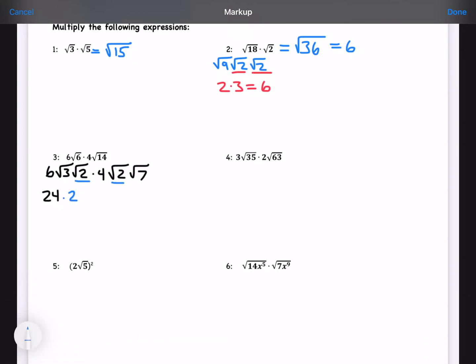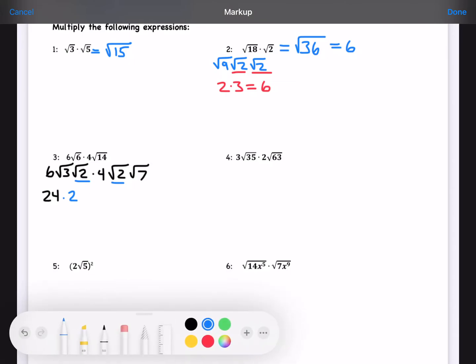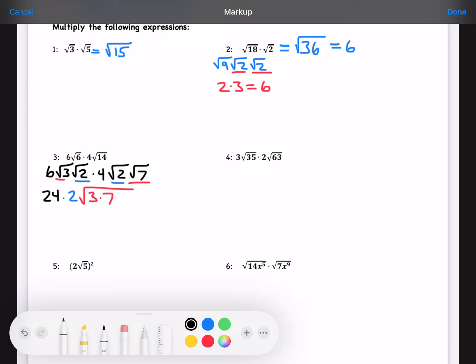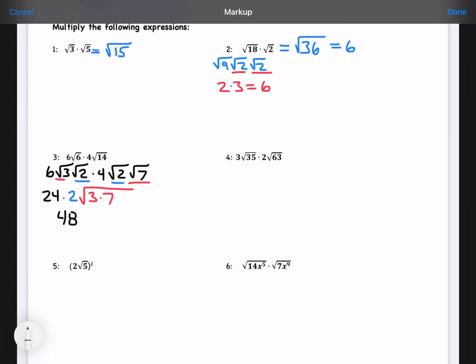So square root of 2 times square root of 2 is just 2. And then I have the square root of 3 and the square root of 7 that don't go with anything. So I'm going to put them inside here. And so then my final answer is 24 times 2, which is 48. And then inside the square root is 3 times 7, or 21.